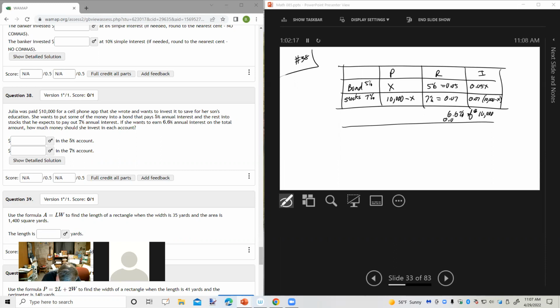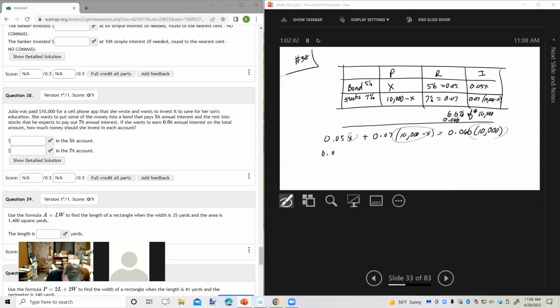So that's 0.066. So we get 0.05 times X plus 0.07 times (10,000 minus X) equals 0.066 times 10,000. So 5% of this plus 7% of that equals 6.6% of the total amount.